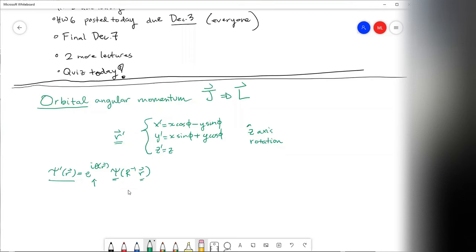Okay, so what we were doing is we were looking at the coordinate operator.